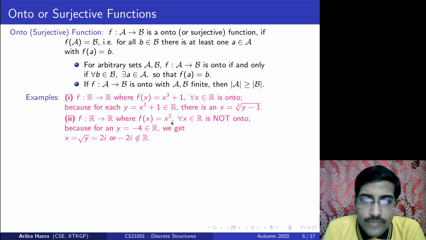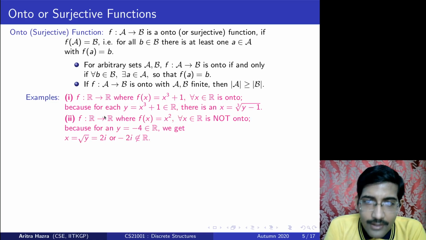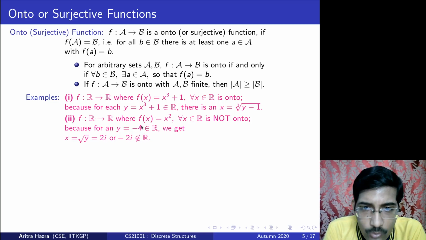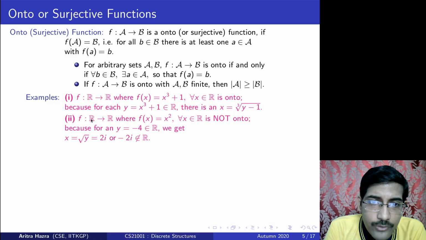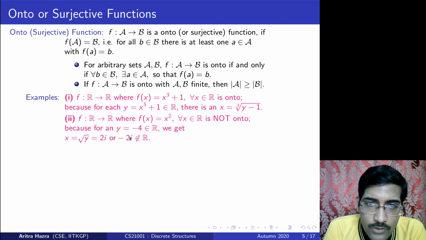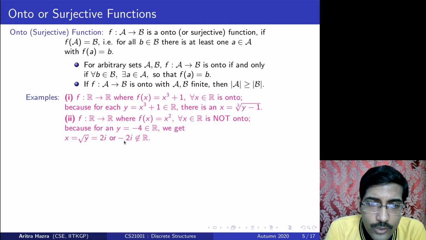Similarly, if you see f(x) equal to x square, again from real to real number, I can find an element in the codomain, which is minus 4 here, where if I try to see the pre-image, it is either 2i or minus 2i. So this particular element, 2i or minus 2i, is not present in the set of reals.